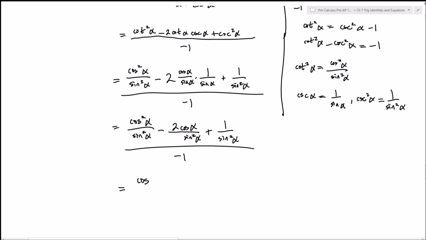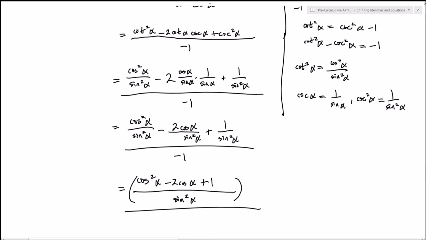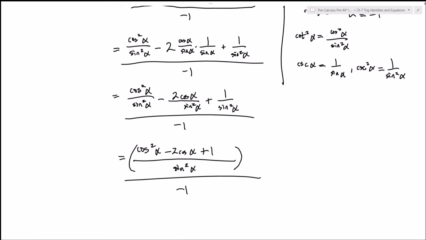When you combine fractions by addition or subtraction, you perform the addition or subtraction with the numerators only, and you preserve the denominator at the end. So it's going to be cosine squared alpha minus 2 cosine alpha plus 1, divided by the common denominator, sine squared alpha, and this is a fraction that's being divided by -1. Now, when you divide by -1, it's the same as multiplying by -1.